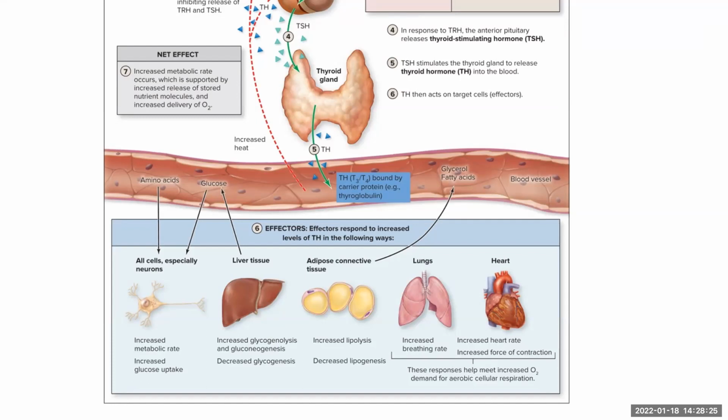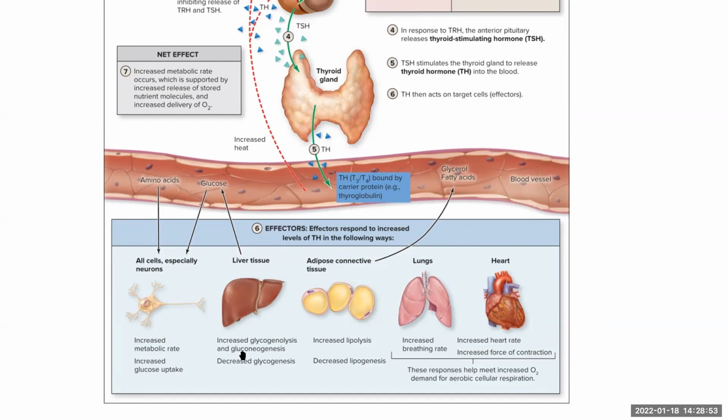In the liver, remember one of the stimuli is hypoglycemia, low blood sugar. So what do we want to do? We want to increase the blood sugar. So we go to the liver and we tell the liver, liver, we've got to release some of that stored glucose, that glycogen there. So we're going to increase glycogenolysis. We're going to break down the stored glycogen and release the glucose into the blood.